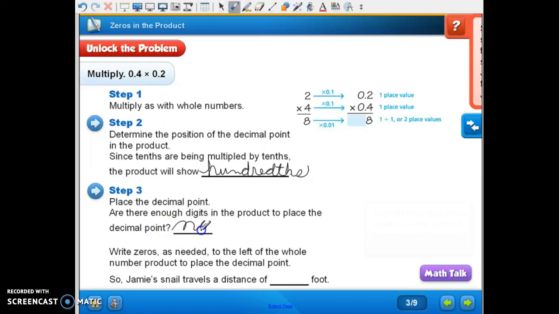No. So write zeros as needed to the left of the whole number product to place the decimal point. So you're going to have to put a 0 here, then you can put your decimal point. So 8/100ths. So Jamie's snail travels a distance of 8/100ths.